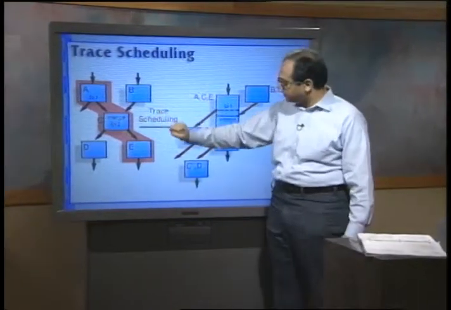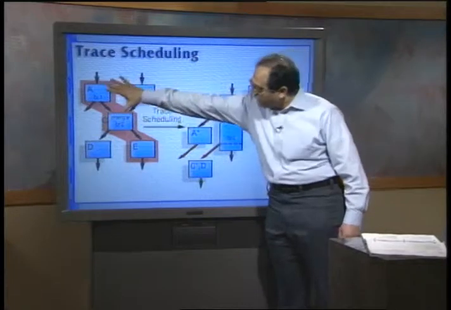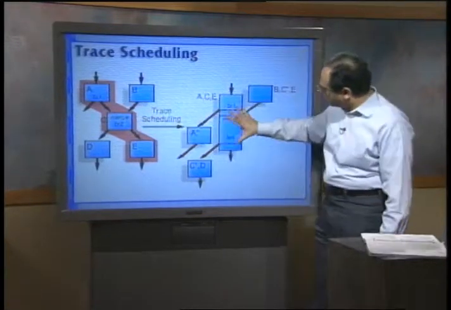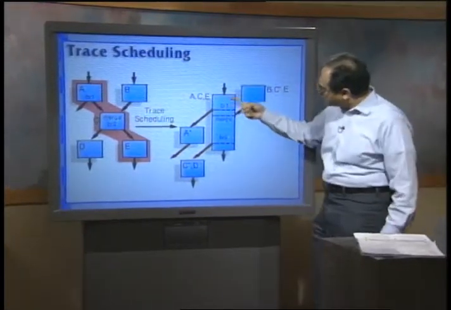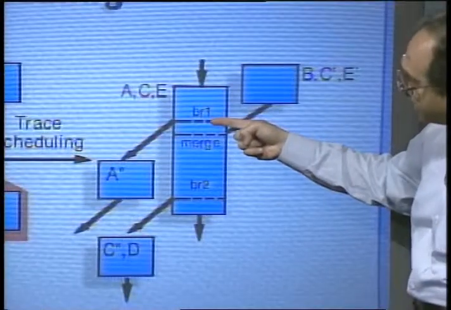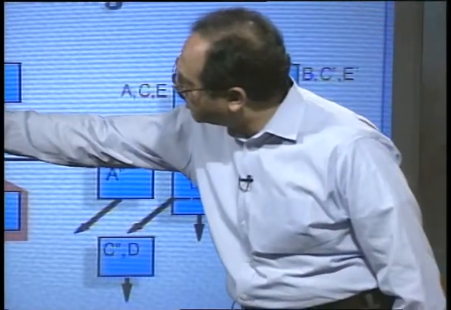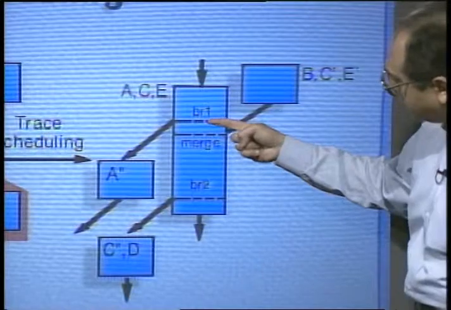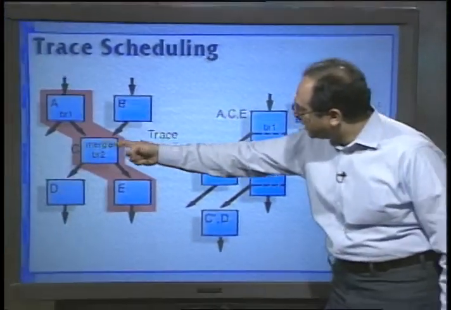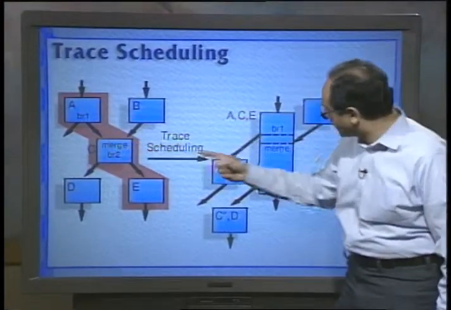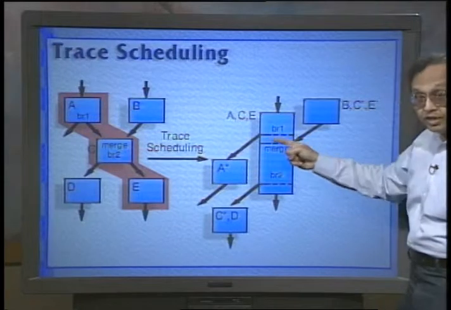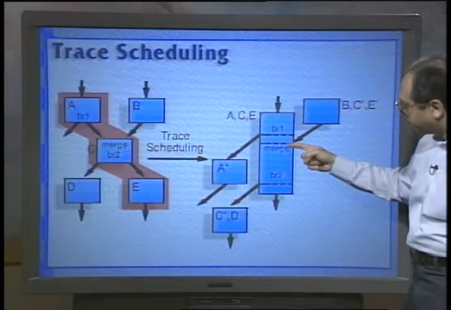So let's say we went through that process. We pretend that this is a basic block. We come up with this schedule. And let's say that in this schedule, this is where the branch from A has been scheduled. This is where the merge at the top of C was scheduled. And remember, merge is a hypothetical pseudo operation.